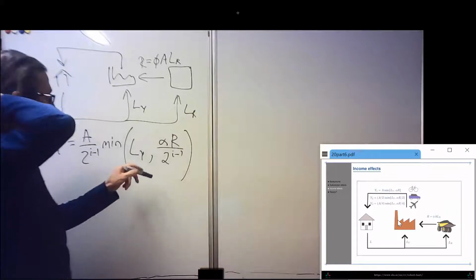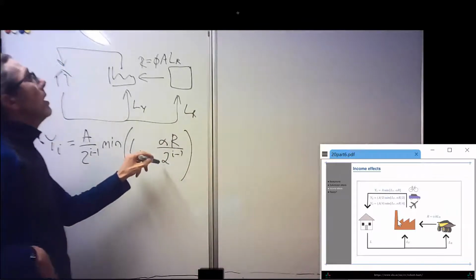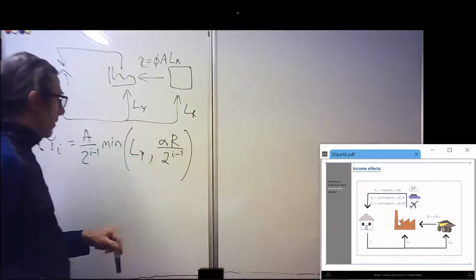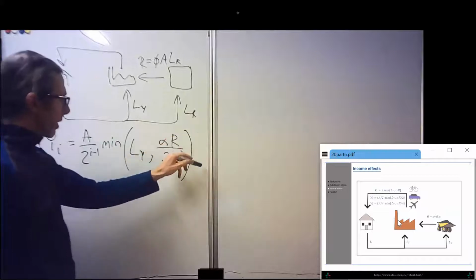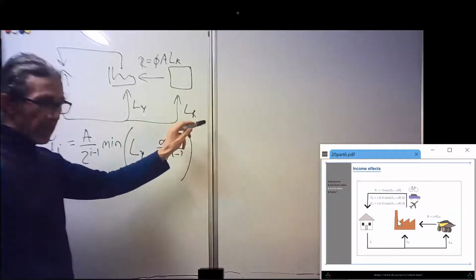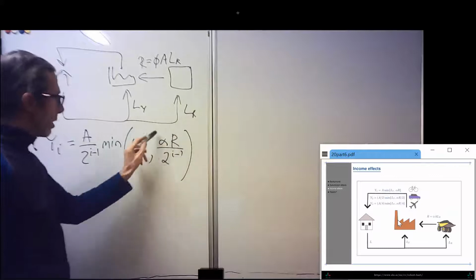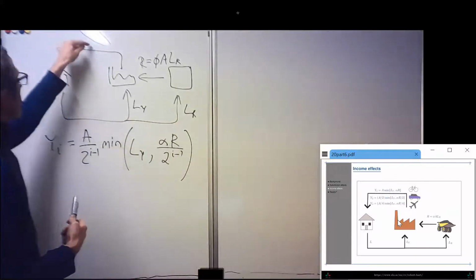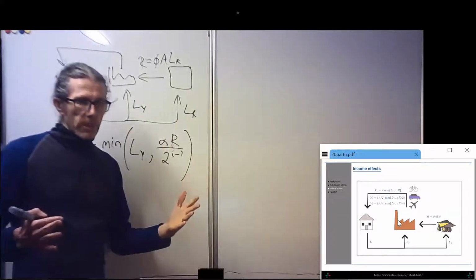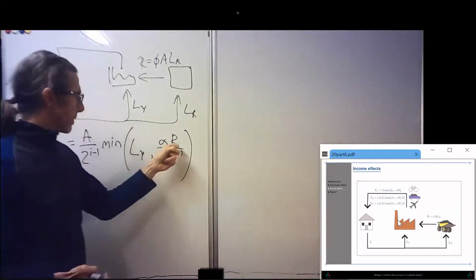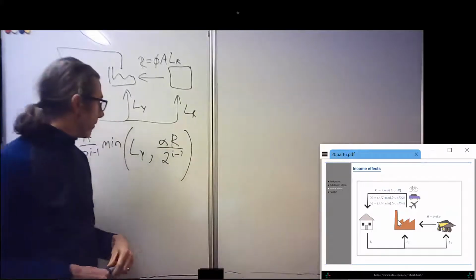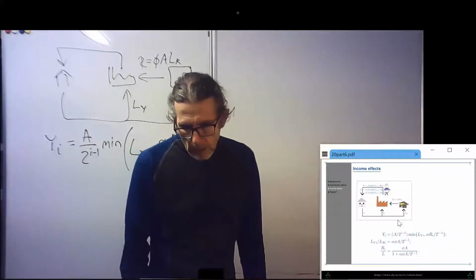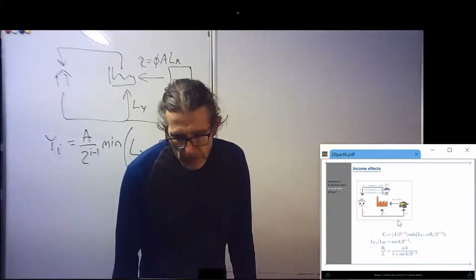So alpha R over 2 equals 1. Alpha R equals 2. R is 2 over alpha. For product 3, R needs to be 4 over alpha. For product 4, it's going to be 8 over alpha. We need more and more R as we go down. So these successive products are getting more and more expensive and more resource intensive or energy intensive. Okay. That's what we can see there.